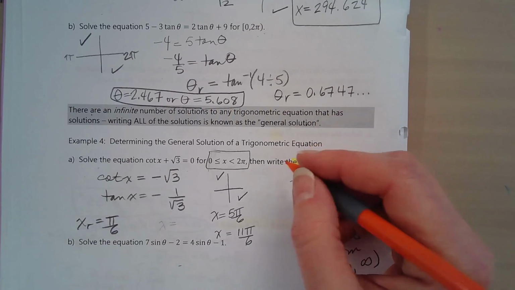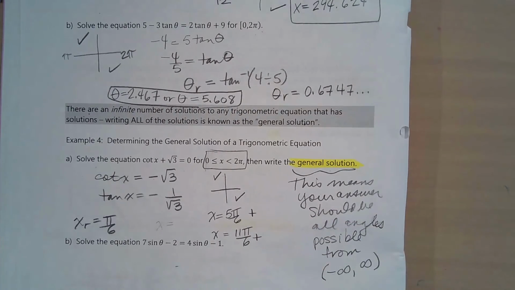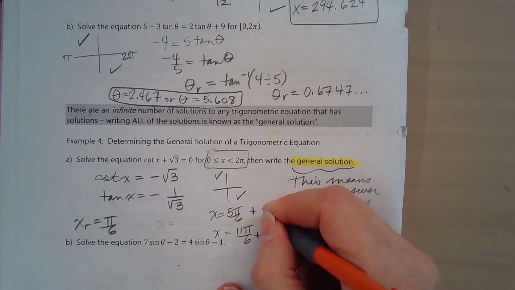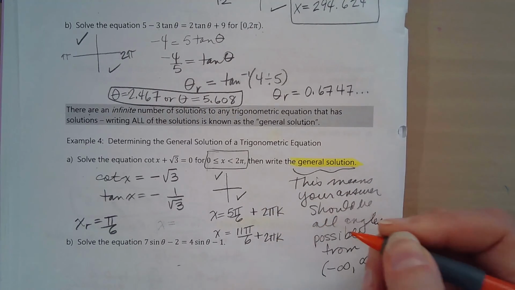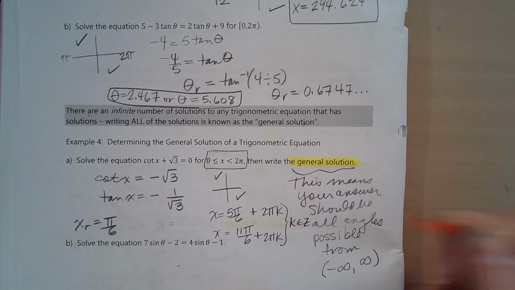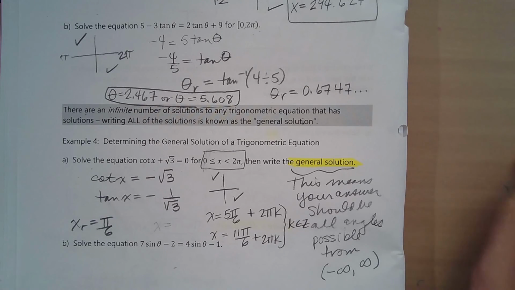Now, if they want the general solution though, I just add in my plus 1 revolution times k. Now I can't use 360, so I have to use 2 pi k. This is just stating all the coterminals. So that's kind of nice because you've seen that before. That's not brand new. I think the brand new thing is the term general solution. That means solve to infinity.